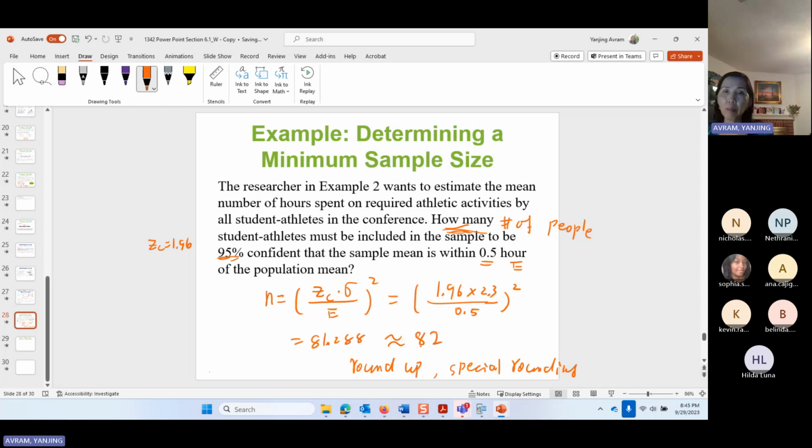My minimum here needs to be 82, otherwise you won't be able to have 0.5 hours of error. Even if you have 81.001, you still have to round to 82. This is not regular rounding. Regular rounding is 5 or above you round up, 4 or below you round down. But this is special rounding, so you always need to round up.